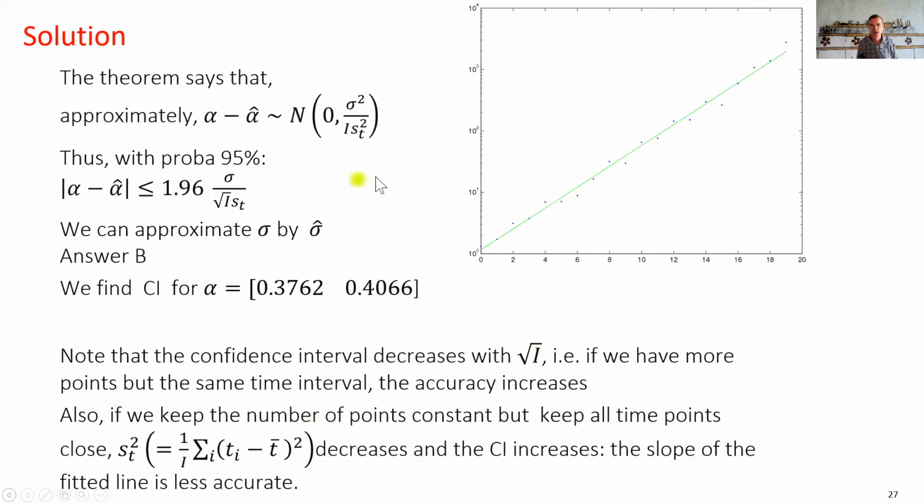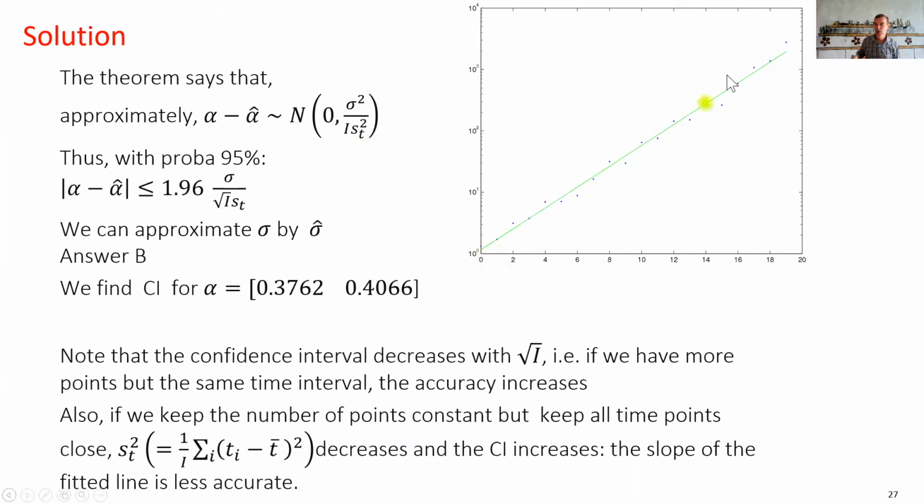In fact, this exercise we did for this specific model can be done for any model, and we have obtained closed form that depends on things like st squared, which gives the variability of the x-axis values here. And we see that the larger it is, the smaller the variance is. That means the more accurate the estimate is, which makes sense.